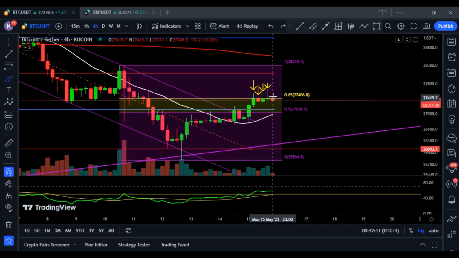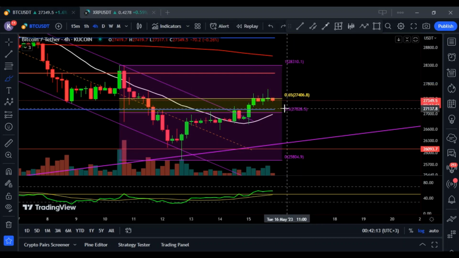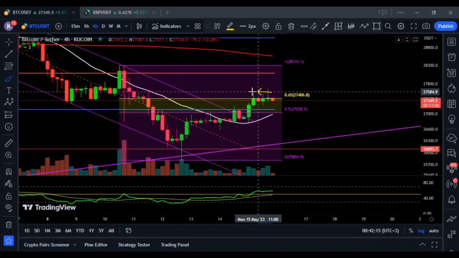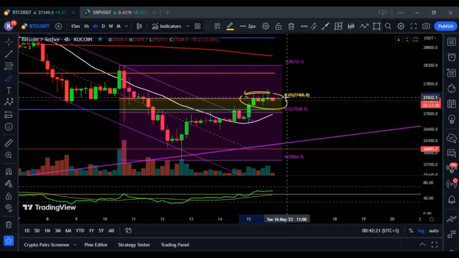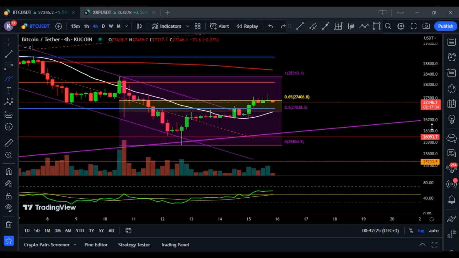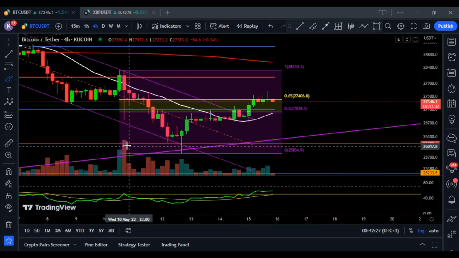That's 5 candles, that's 20 hours, and neither one closed above it. So on the 4-hourly time frame, we never closed any candle above this level. This is concerning, to say the least.